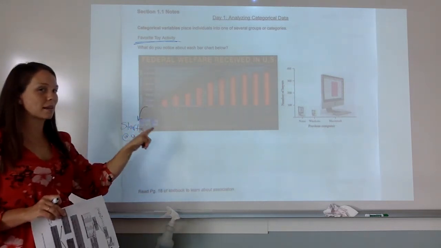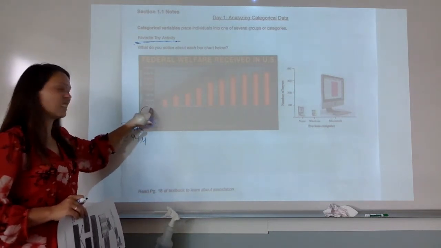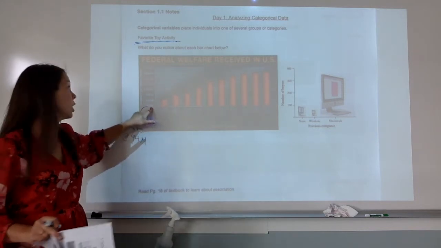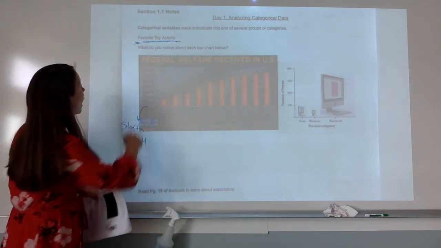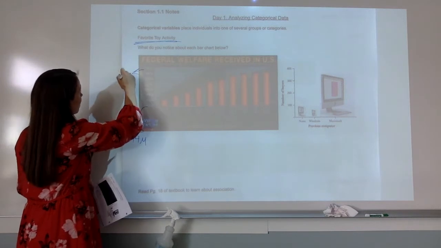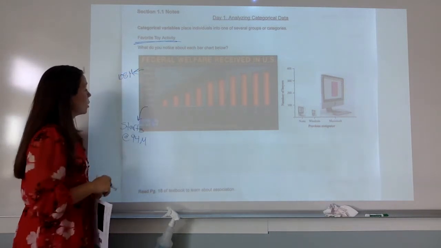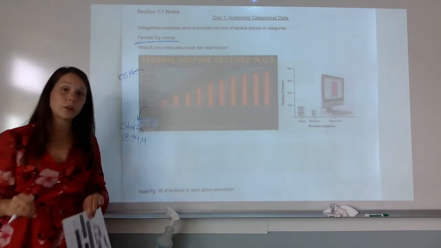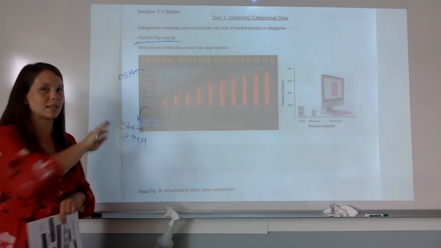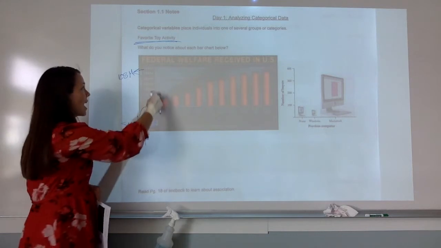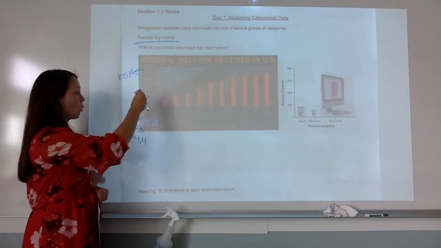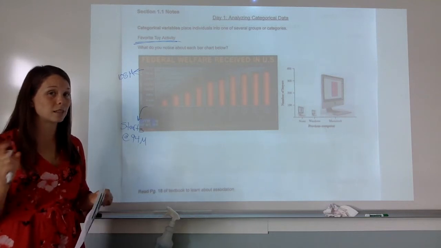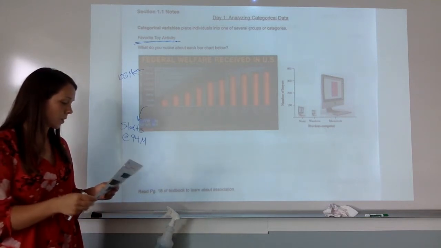But I need to remind myself that this is starting at 94 million, which is a very large number, and it only goes to 108 million. So the jump from here to here, though it looks very drastic, is not as drastic as the graph makes it look, because the scale is really broken down since it starts at such a large number. And so that's a little bit deceiving.